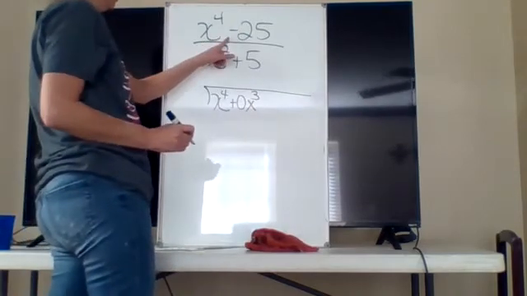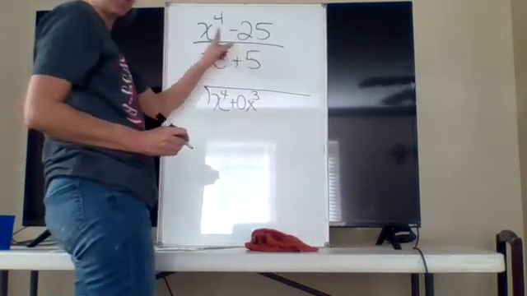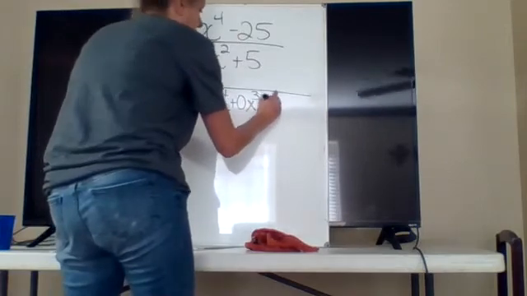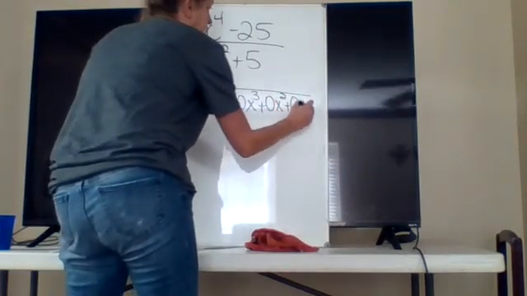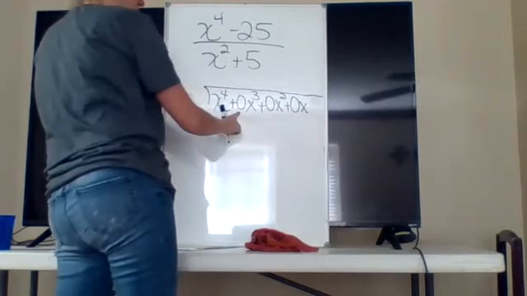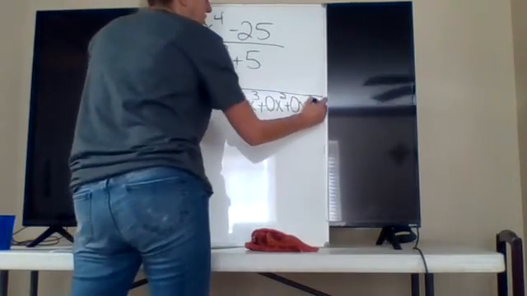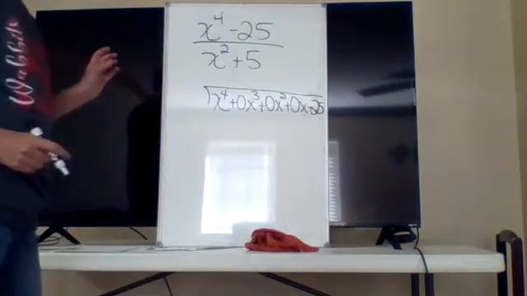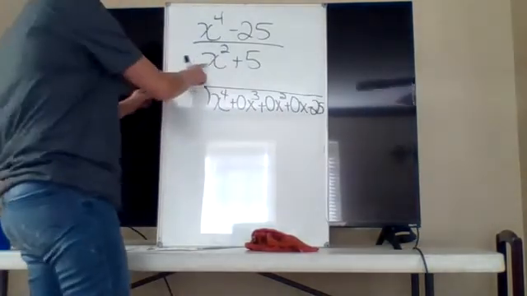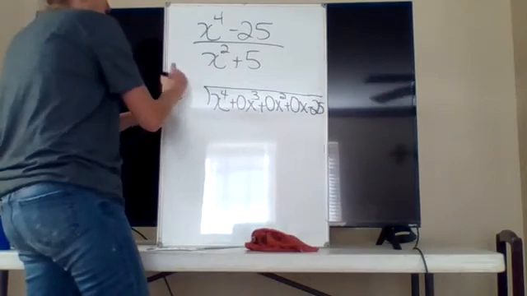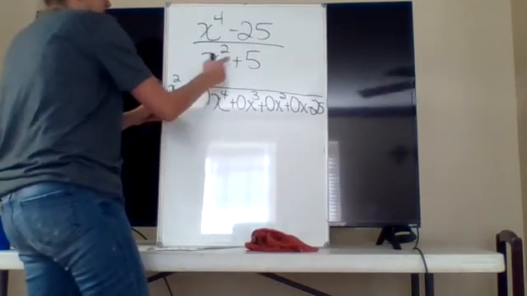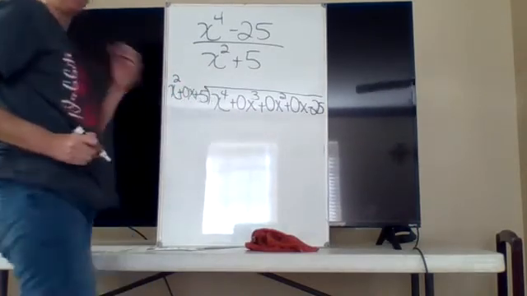So 0. I need an x squared and an x, right? I'm missing both of those. So I filled in zeros for the x cubes, x squareds, and x's, and then that minus 25 at the end. Out here, again, if I'm starting with x squared, I need to fill in a 0x and then the plus 5.